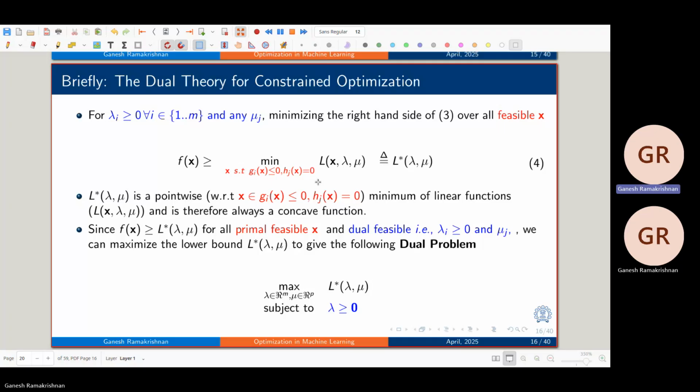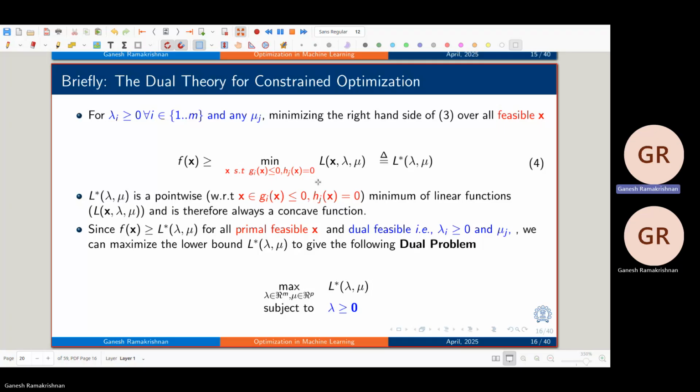So we have landed in a so-called concave problem, which I can maximize. That was the motivation. I have a lower bound, which I will maximize with respect to lambda and mu, but before that I'm minimizing with respect to feasible x. So I have a concave maximization problem, which is a lower bound to the original problem, which has no convexity assumptions: max over lambda greater than or equal to 0 of L star of lambda, mu.